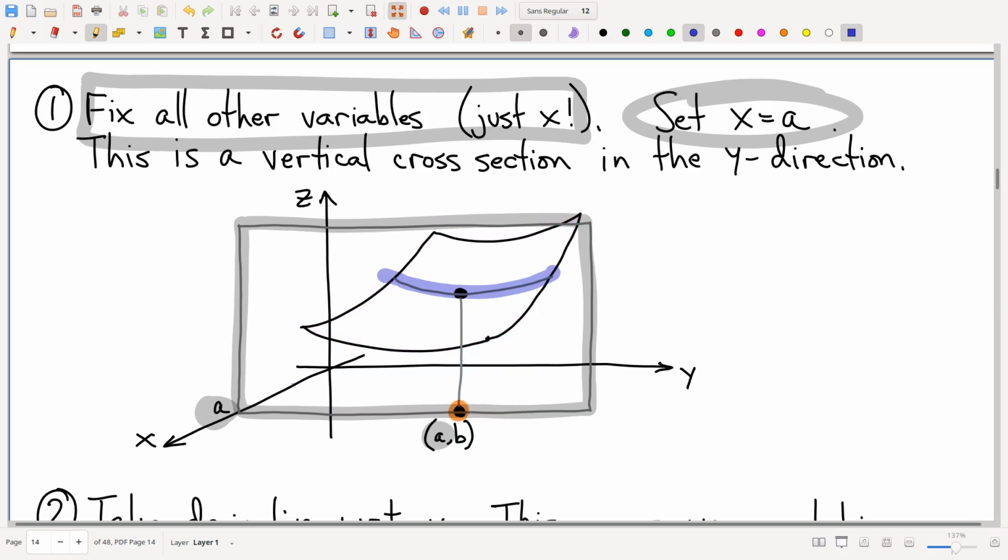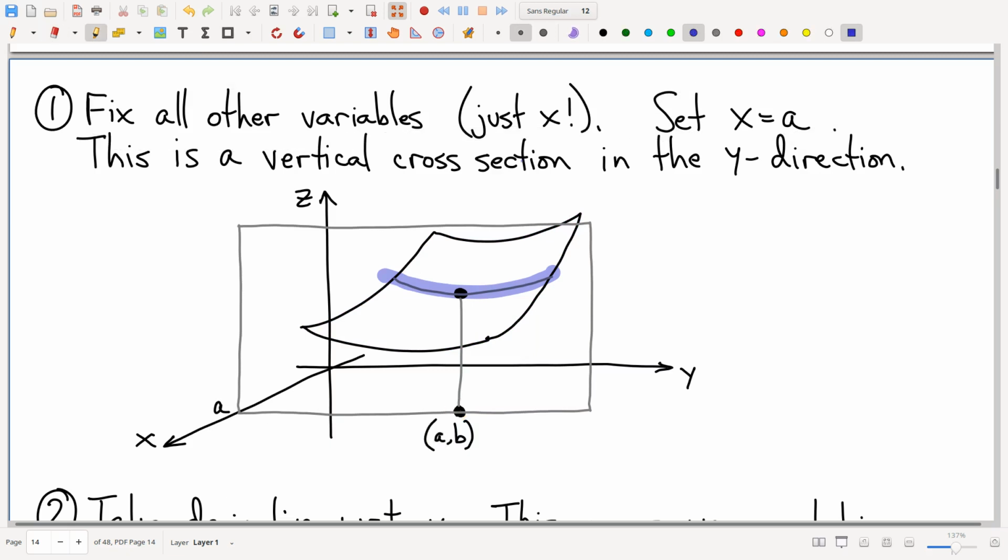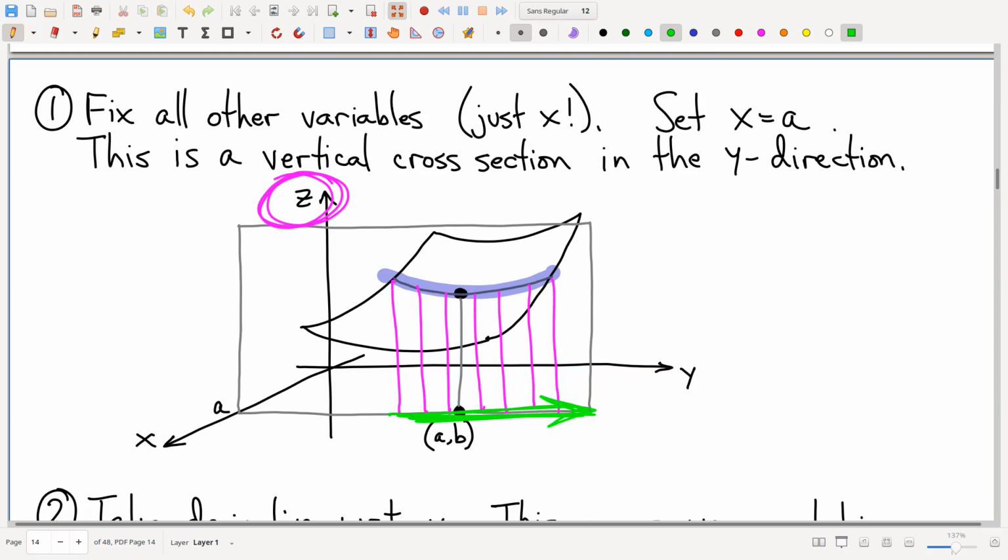I claim that this cross-section curve is actually relevant to something we already know, we've already discussed. Here's how. Notice that on this curve, we have these points all have kind of heights, if you will, above the xy plane, those heights being z. And notice that those heights, where I am, in some sense, on that curve, only depends on y.